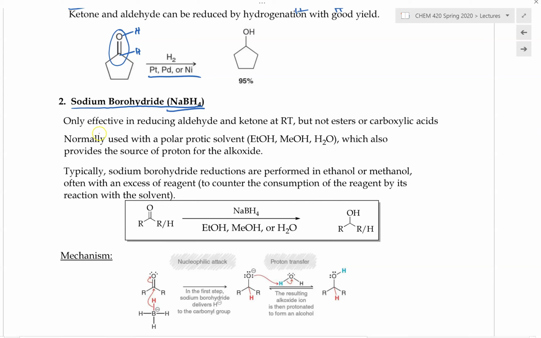It is only effective in reducing aldehydes and ketones at room temperature, but it will not be able to reduce esters and carboxylic acids. Whenever we use sodium borohydride, we normally use it in polar protic solvents, alcohol and water, and this also provides the source of proton for our alkoxide as well.